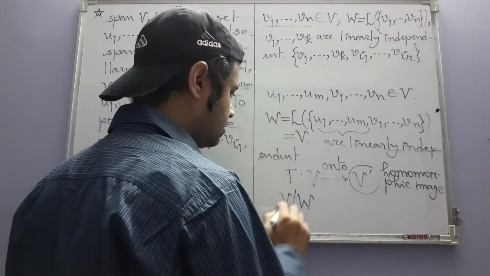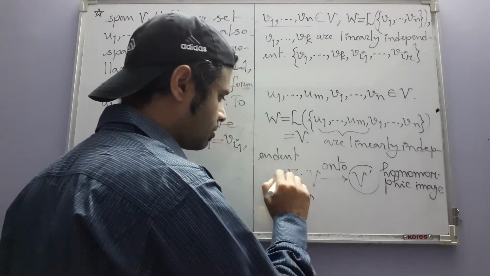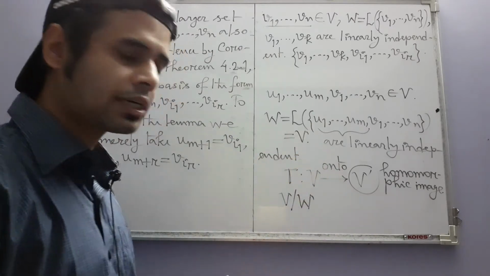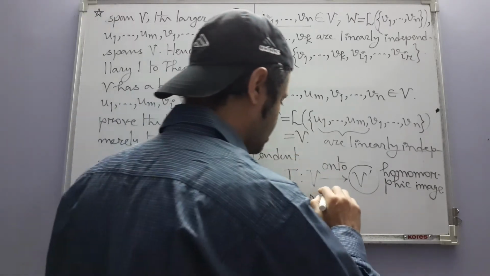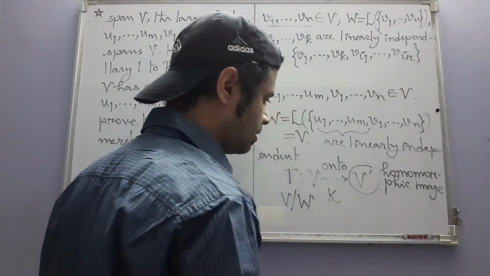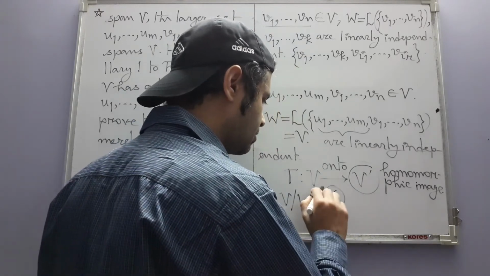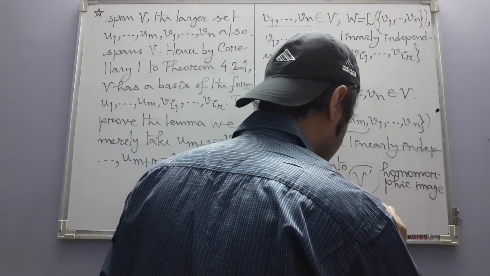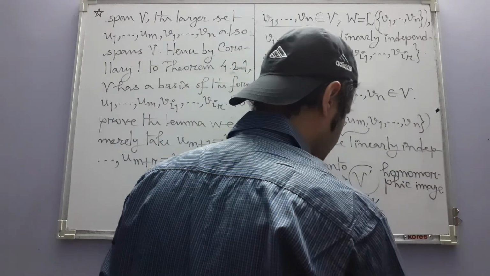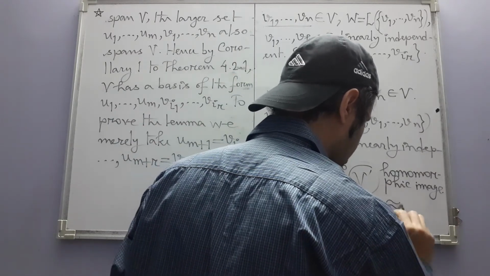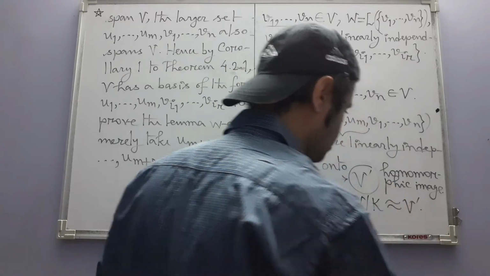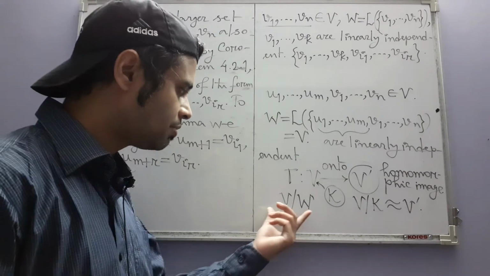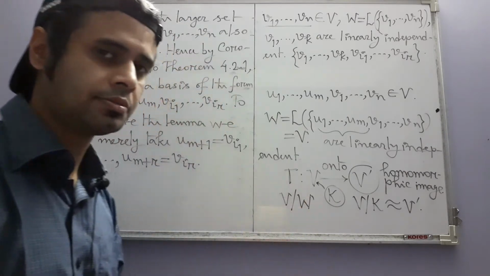In fact, this particular homomorphism, this onto homomorphism, it will have a kernel. No? That kernel, say that kernel is K. That K we already know is a subspace of V, and such that the quotient space V by K is actually isomorphic to V prime. And that is why we say that all the homomorphic images are actually this.